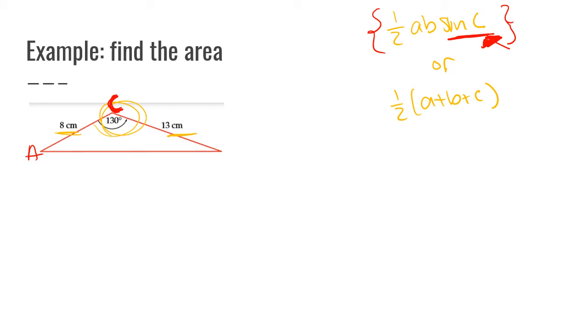Now I can put A here, I can put B here, and finish labeling my triangle, because that's what you want to do anytime you have a triangle. Labeling just makes everything easier.